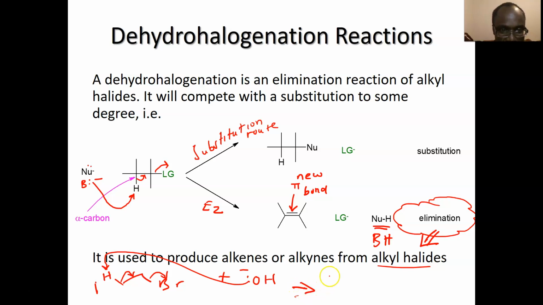So our product here would be just a double bond, CH2=CH2, and of course Br minus, and the other product will be water. I put CH2 because I'm assuming you know there was CH3 here and there's CH2 here.